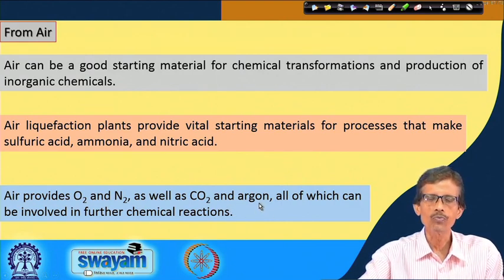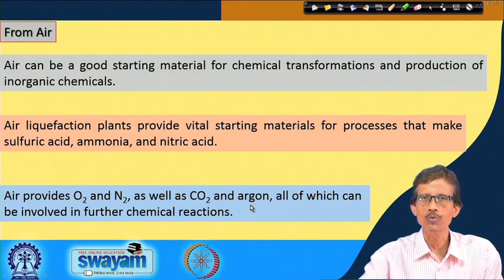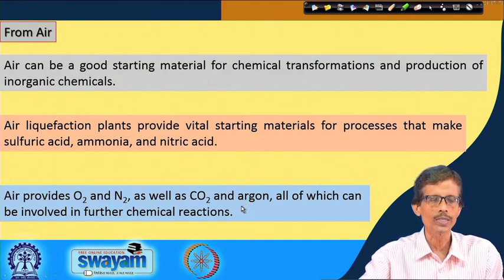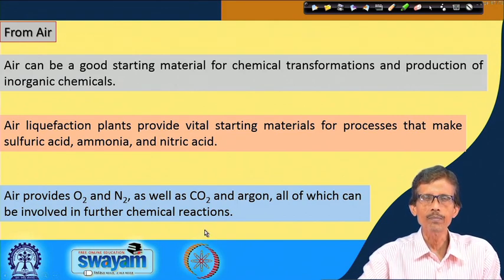Also, some amount of helium can be separated out, because helium is a very useful material for running different instruments and other cases. So, it also has very good industrial prospect for making helium on an industry scale.